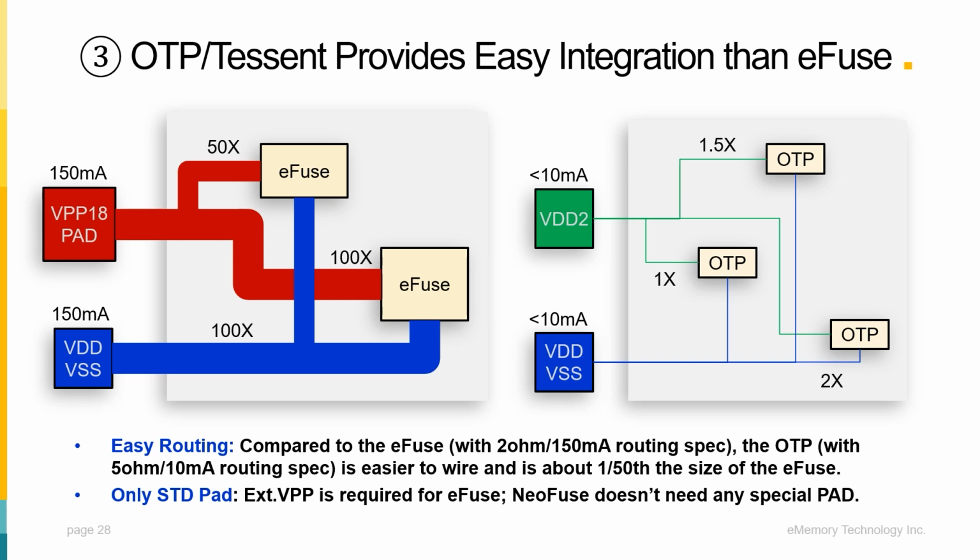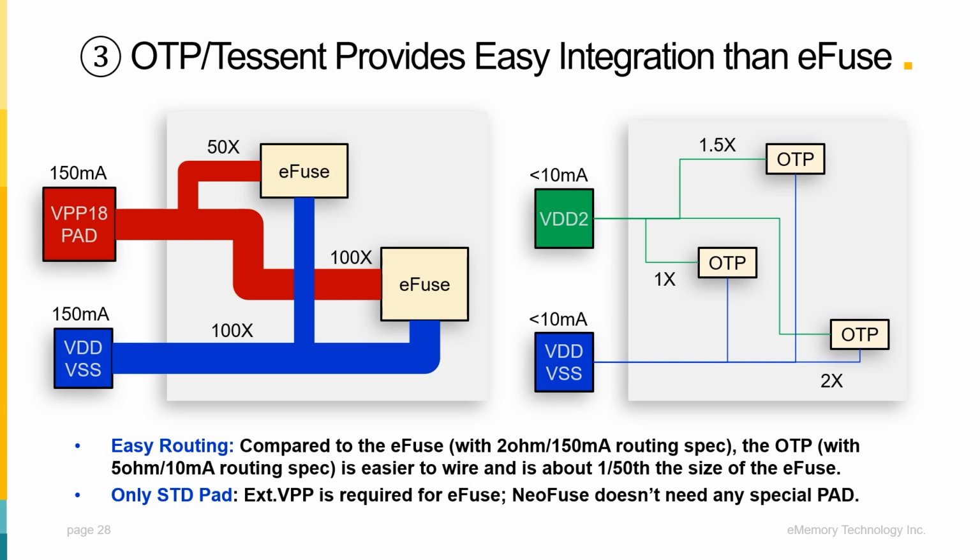The third benefit is that at the same wiring distance, because the minimum VPP, VDD, and VSS resistance requirements must be met, the equivalent area of the eFuse will be more than 50 times that of the OTP. As manufacturing processes evolve, the sheet resistance of metal wiring decreases, making the floor plan of using eFuse more difficult.